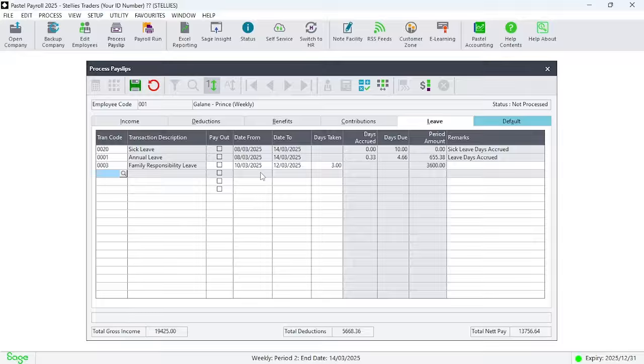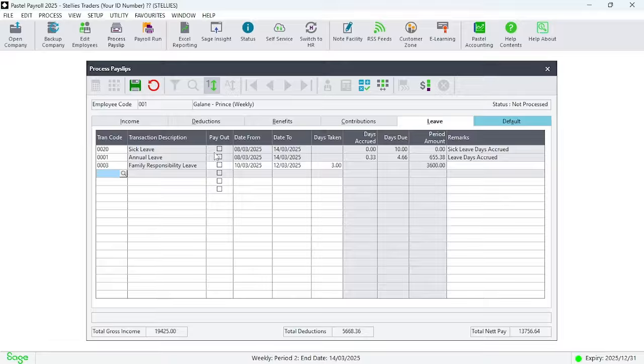Now, the question paper does not mention whether he should be paid or not. By law, if he did not exceed the family responsibility entitlement, then he is entitled to be paid in full.